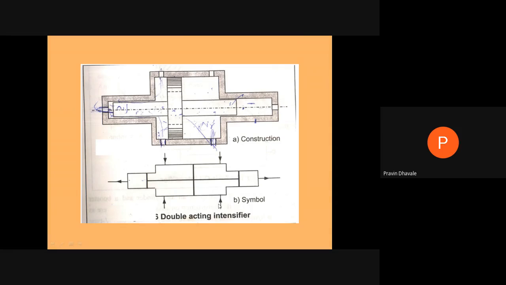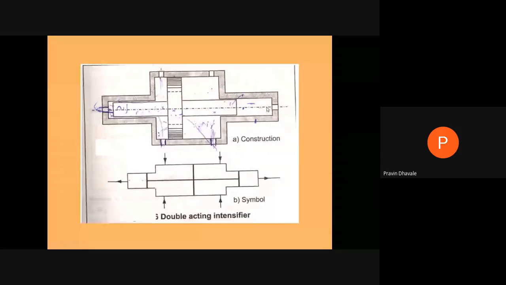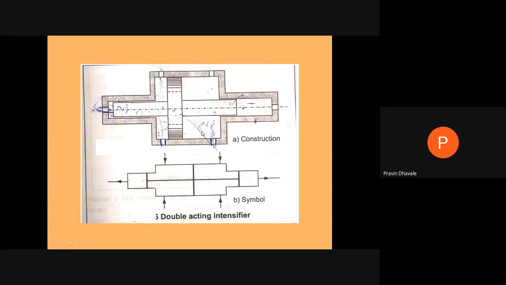When you supply low pressure fluid from this side, the central piston moves toward the left hand side, and this cylinder piston arrangement supplies the high pressure fluid on the left hand side. Means in the double acting intensifier, we have two separate openings for the supply of low pressure fluid from the pump to the intensifier, on either side of the piston.